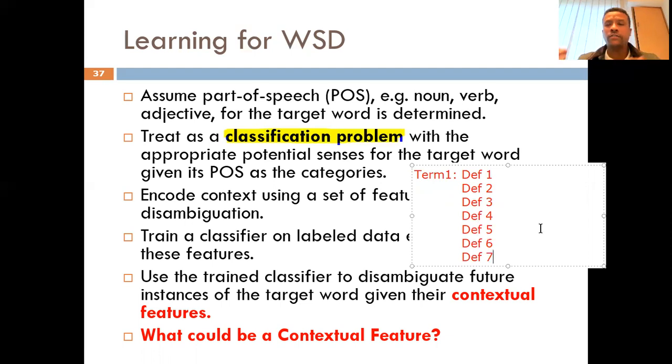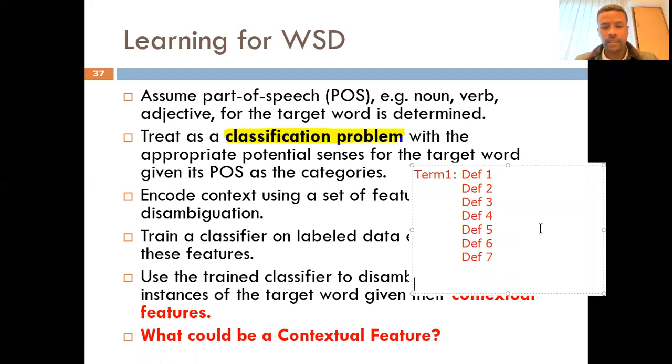Now, what if term 1 is found in a sentence? Let's say I have the sentence: the man saw the term 1 right here.